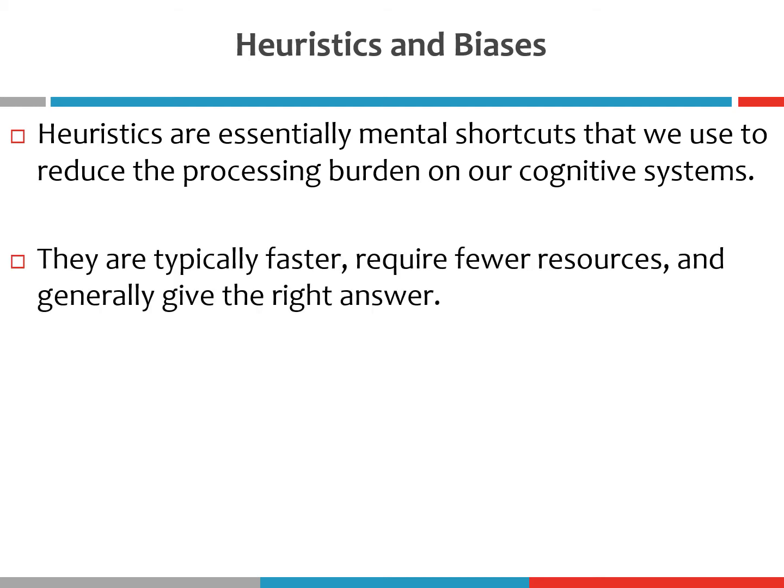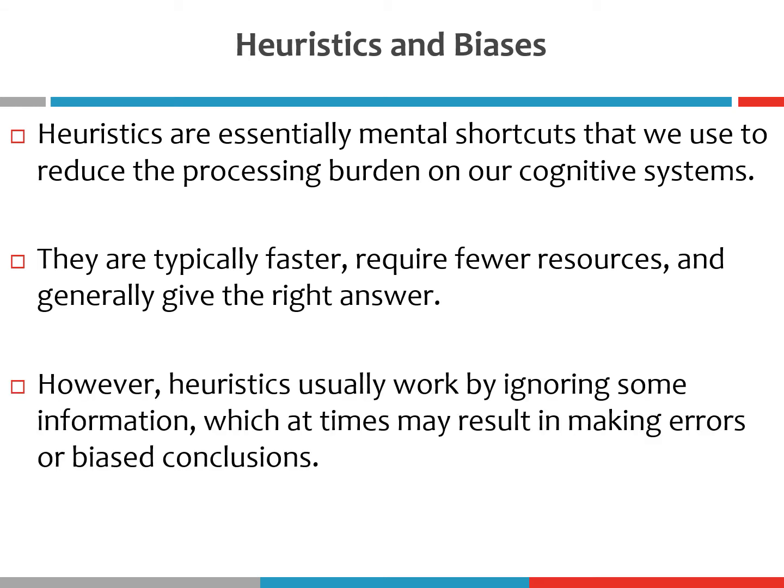So these mental shortcuts, our heuristics, are going to allow for much faster decision making, and it's going to require far fewer cognitive resources, right? So right away that solves the problems I just talked about. And most of the time, those mental shortcuts are going to lead you to the correct decision or the right answer.